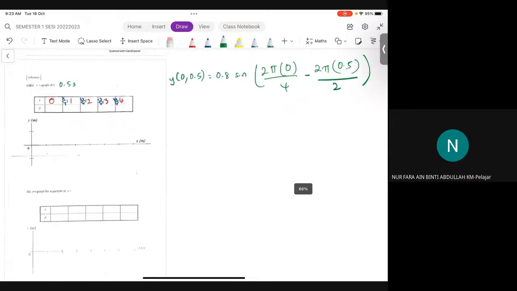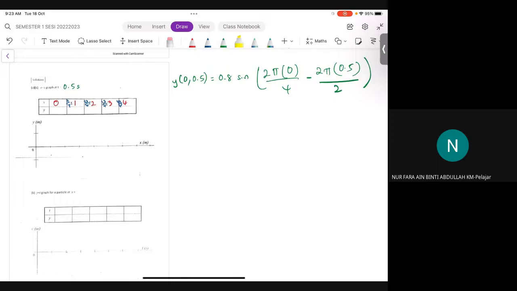Okay. Kalau awak tengok dekat sini apa yang saya masukkan. x 0, t 0.5. So itu yang saya masukkan lah. Okay, so this one akan jadi 0. So you will get 0.8 sin negative, 2 cancel, so it's become 0.5 pi.